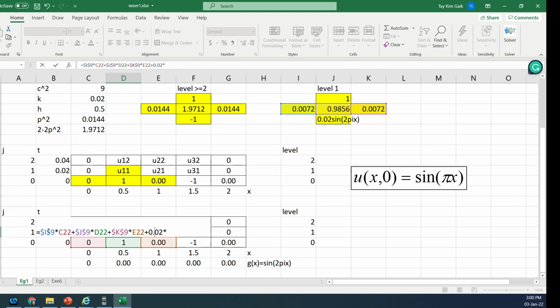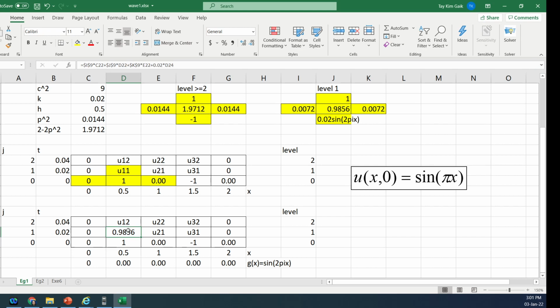So this is the left bottom coefficient multiply left bottom cell plus center bottom coefficient multiply center bottom cell plus right bottom coefficient multiply right bottom cell plus K, which is 0.02, multiply sin 2 pi x, the value I already calculated below the x axis.